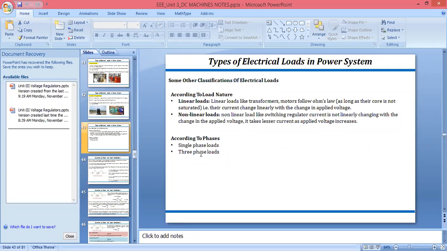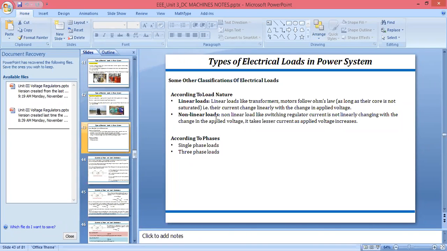So if we are using the three phase load, that type of electrical load we can call three phase. And on the type of the electrical load nature, we can again classify it into linear and non-linear.